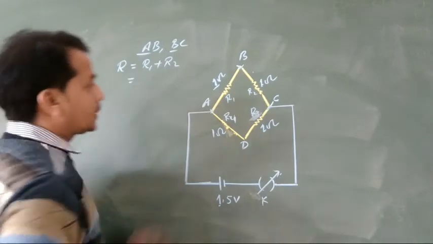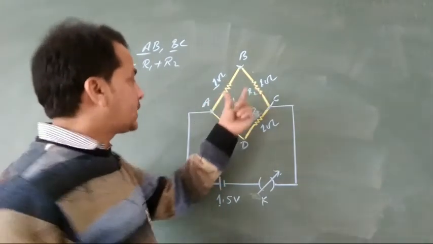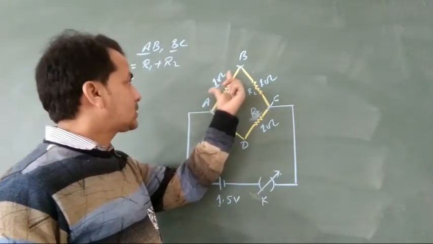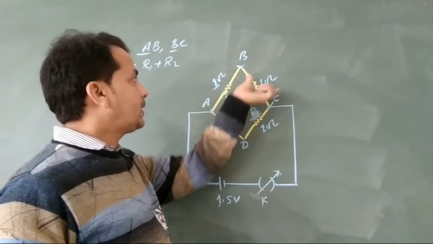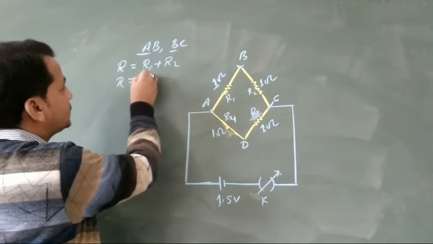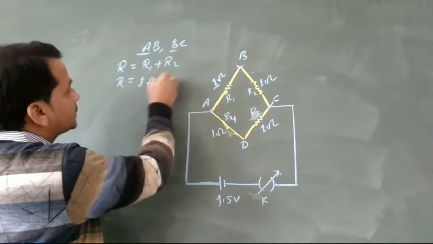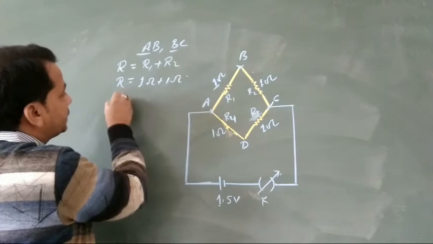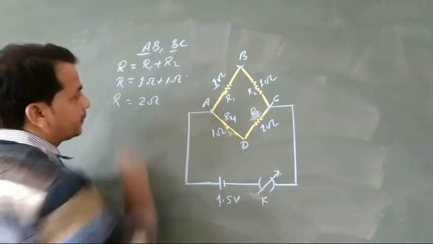So the equivalent resistance across AB and BC is 1 ohm plus 1 ohm, that is 2 ohm.